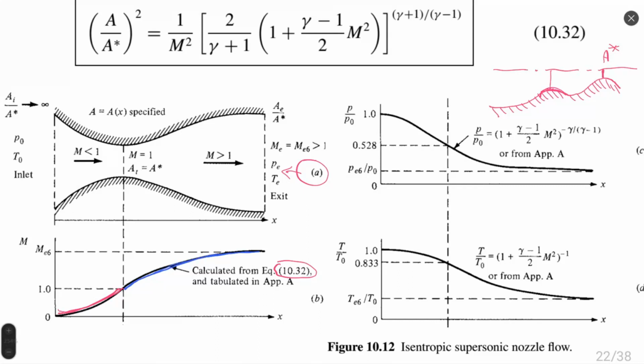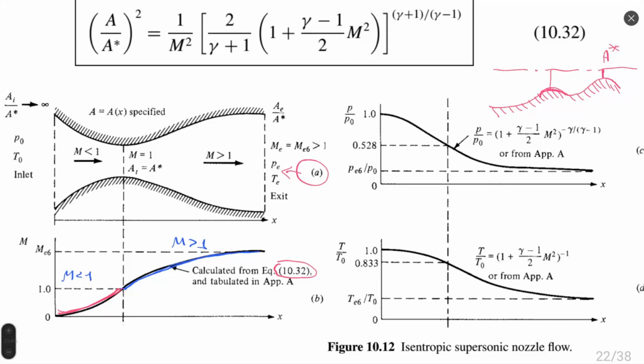Of course, as I told you, you have two roots of this equation. So for the left part of the nozzle, you need to choose the root which is Mach smaller than 1. And for the right part of the nozzle, you always choose the other root, which is Mach number more than 1.